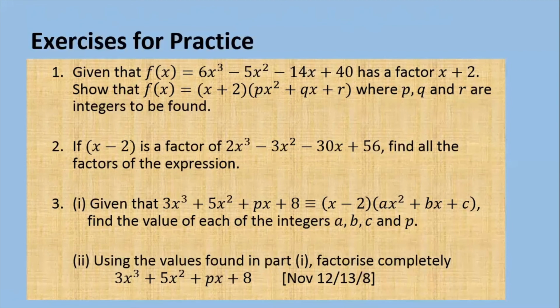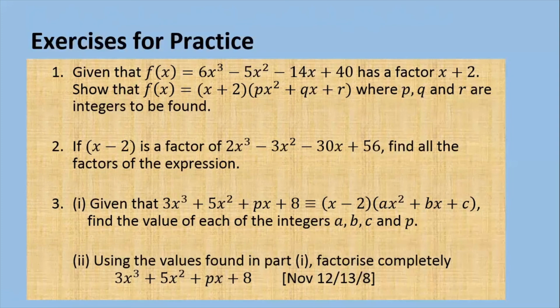Question 3, part 1. Given that 3x cubed plus 5x squared plus px plus 8 is equivalent to x minus 2 times ax squared plus bx plus c, you need to find the value of each of the integers a, b, c, and p. Part 2.